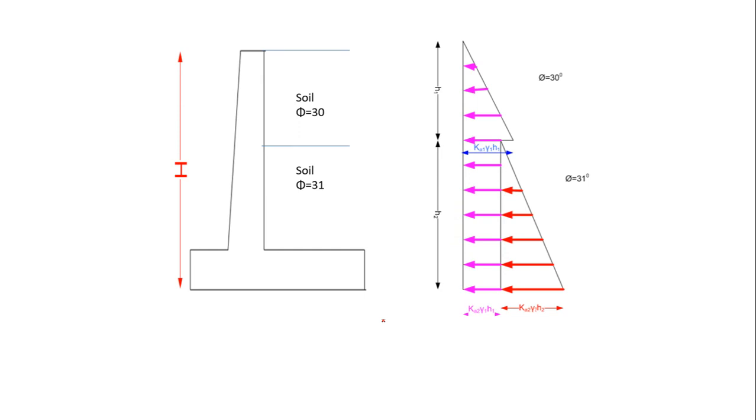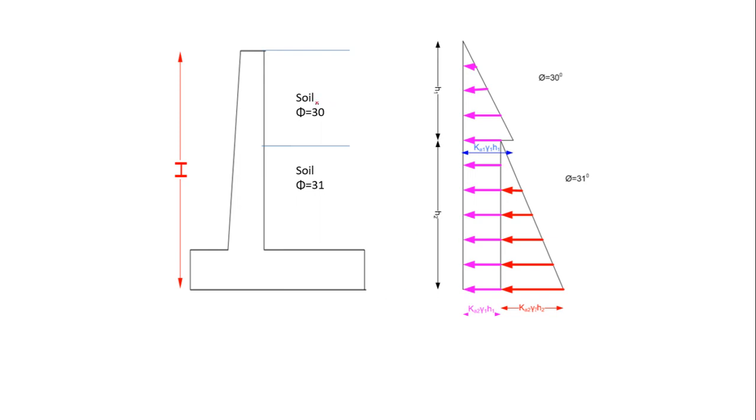And here again is a typical case we have selected, when we have two different types of soil, because the Ka value depends on the value of phi, that is the angle of internal friction, which we studied in geotechnical engineering. If the soil changes, the value of phi is also going to change. So if I have two different layers of soil, the pressure distribution diagram is different.